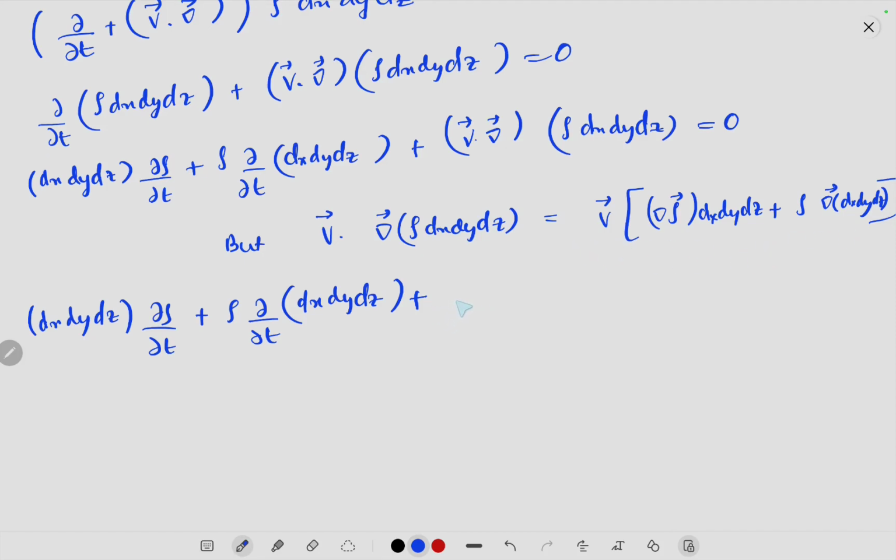So this will be v dot grad ρ, where v is a vector, dx dy dz plus ρ grad dx dy dz equal to 0.